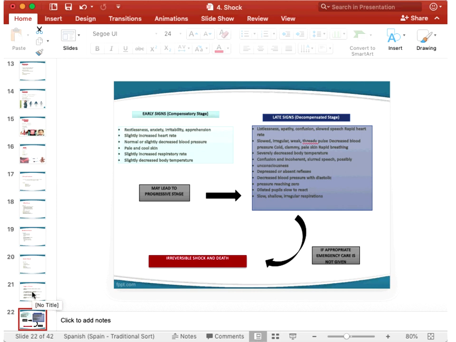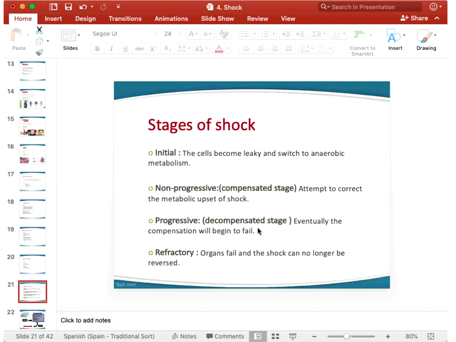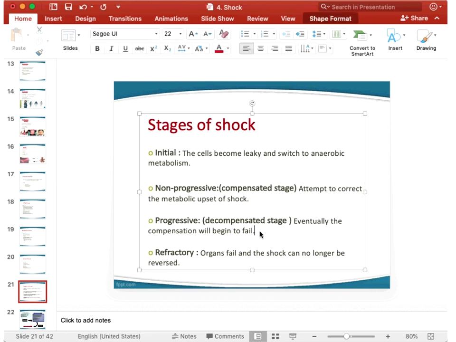The difference between the late two stages is that in decompensated, you start seeing that your organs begin to fail. And at this point, if you act very aggressively, you can reverse this.